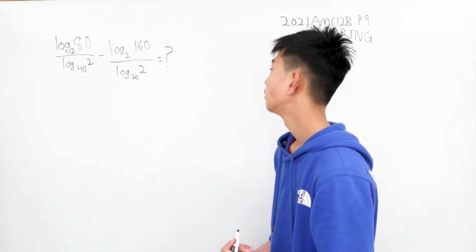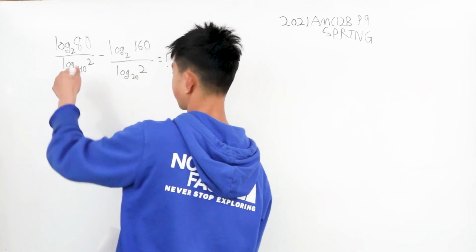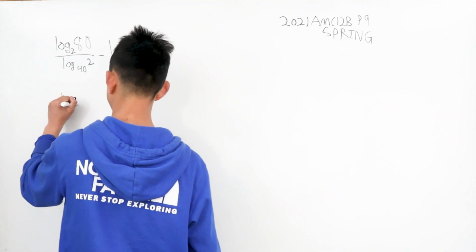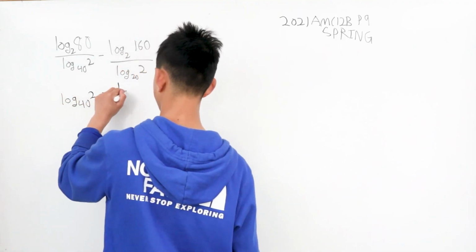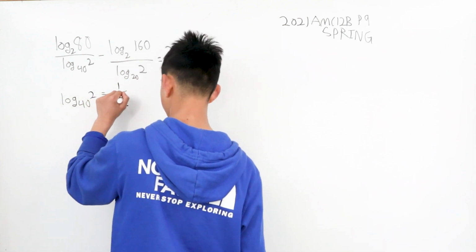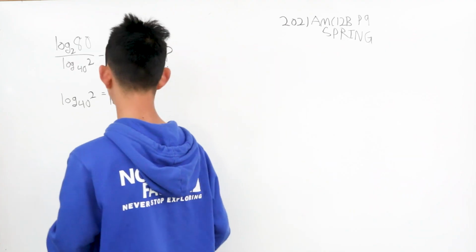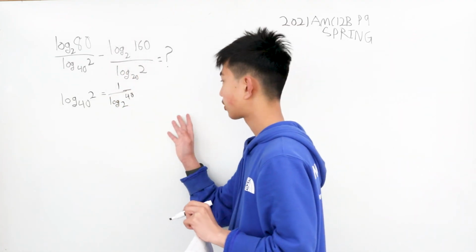So we know by logarithm properties that, say, for this term, log base 40 of 2 is equal to 1 over log base 2 of 40. So basically we're taking the reciprocal.